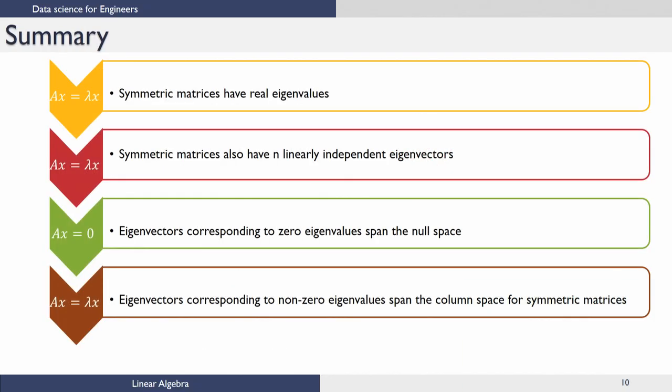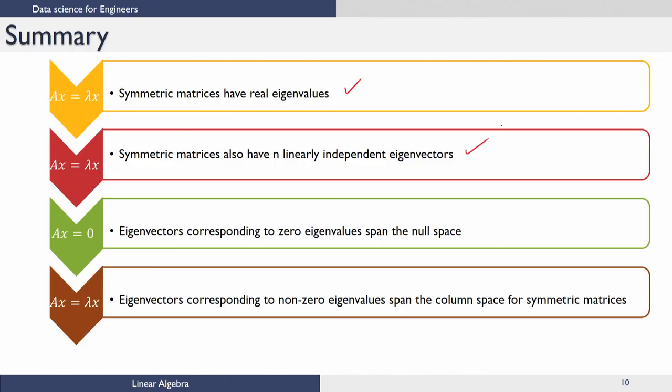To summarize, we have A x equal to lambda x, and we largely focused on symmetric matrices in this lecture. We saw that symmetric matrices have real eigenvalues. We also saw that symmetric matrices have n linearly independent eigenvectors.